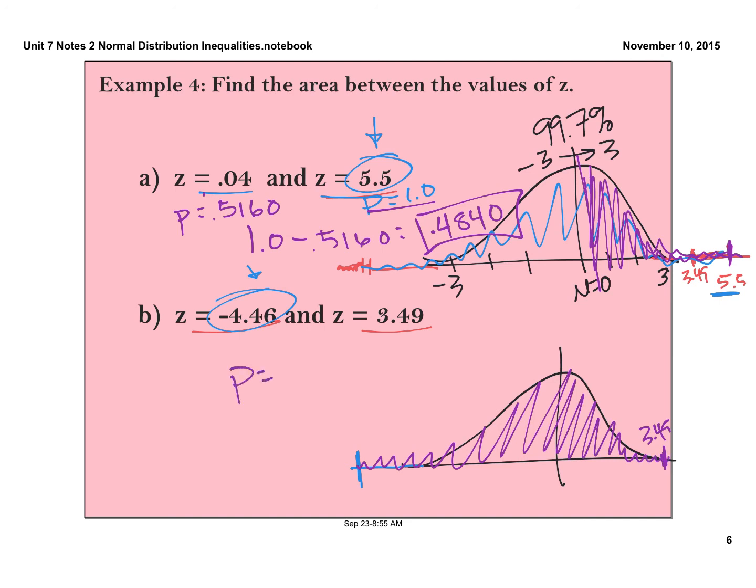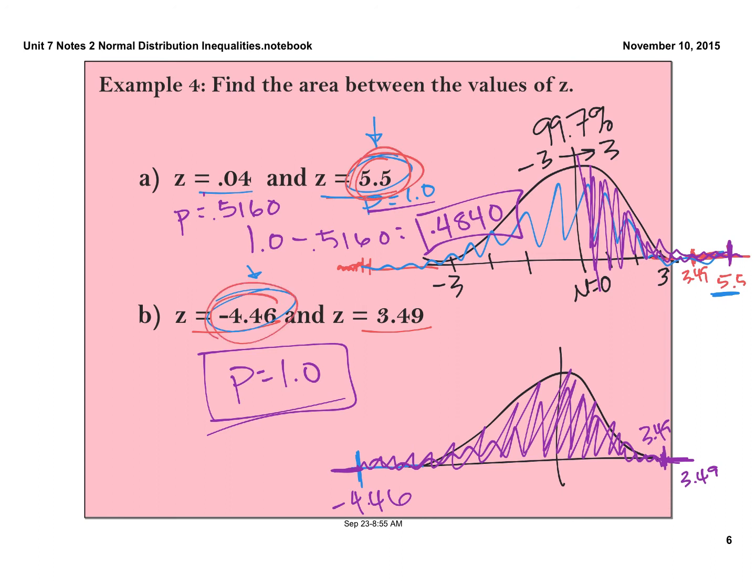This is a probability of 1.0 because there's such small data outside of the negative 4.46 and such small data outside of the positive 3.49 that essentially everything else is between them. So 100% of our data is going to be between those two z-scores. So that's just a brief discussion on these extreme z-scores that are so far away that they don't have really any data measurable that's outside of them.